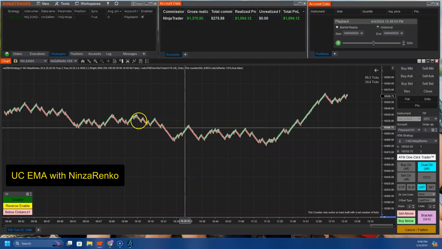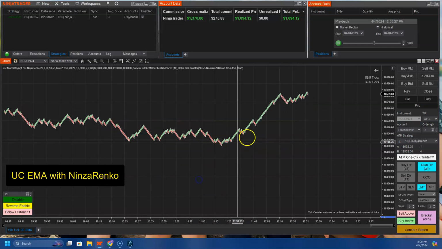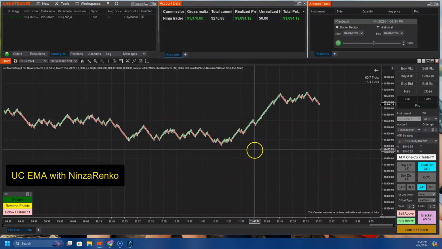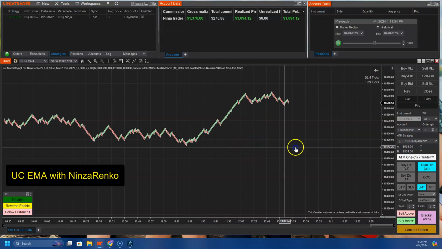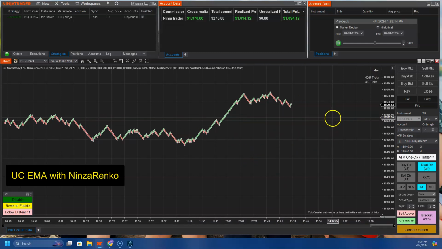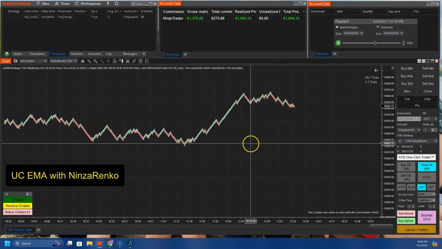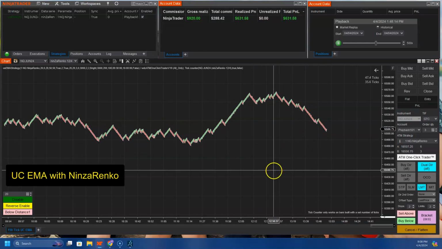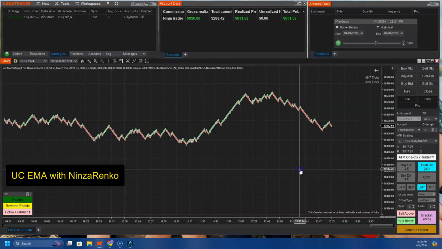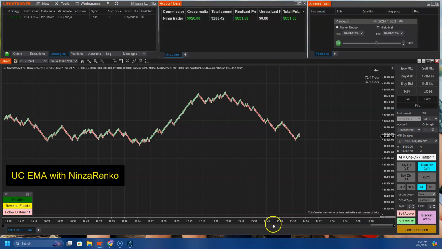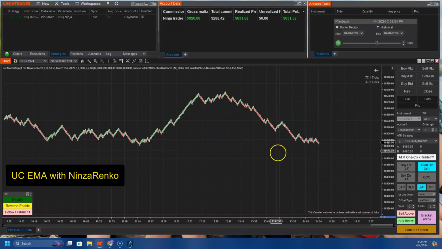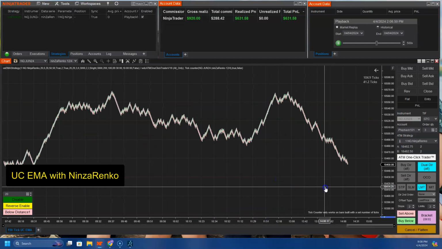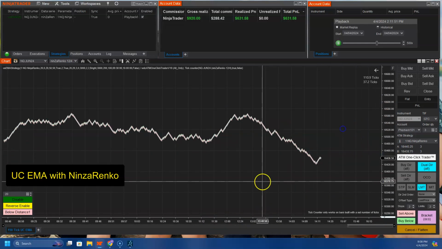You just want to trade when the market is sideways, choppy, whatever, and you just want quick profits. Interesting. Order filled. Stop filled. I think it probably will not give me more trades here because it's trending at this time. When it's trending, it's not going to give me anything.